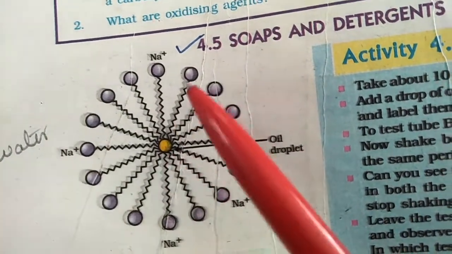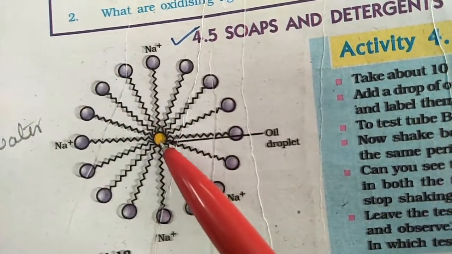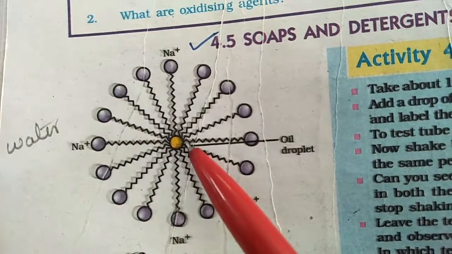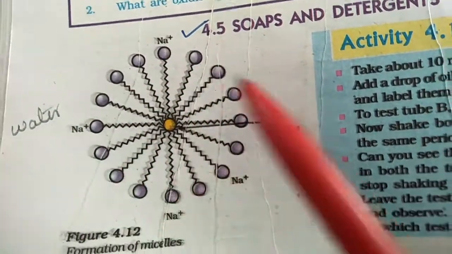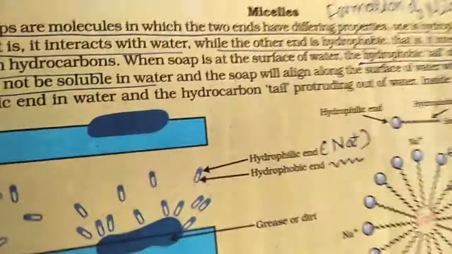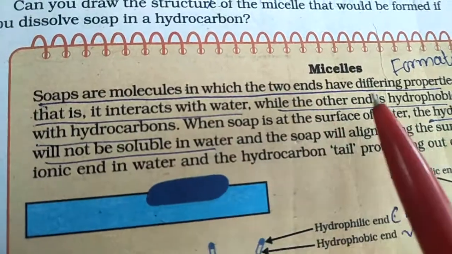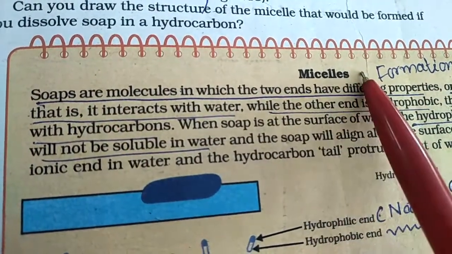You can see the tail part of each molecule is attached to this dirt, while the head part is free and in water. This circular structure is known as a micelle. Now we'll go into detail about the micelle.